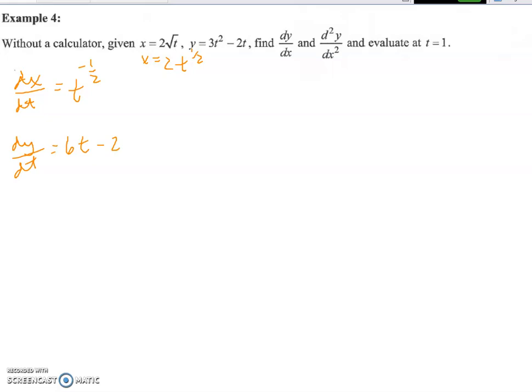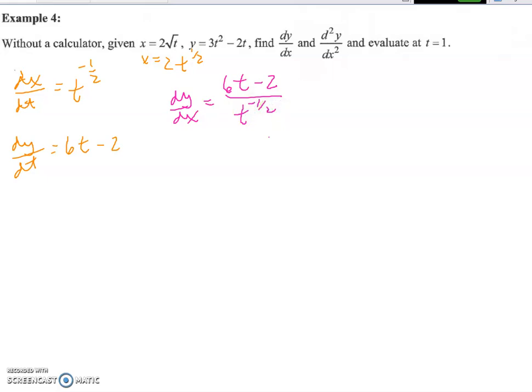Alright, so let's start with dy/dx. So dy/dx by definition is just dy/dt divided by dx/dt. So we've got dy/dx is equal to 6t minus 2 on top divided by t to the negative 1/2.